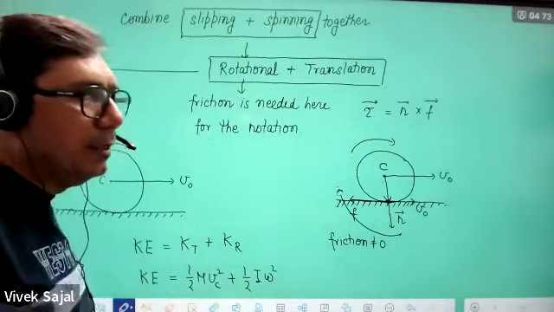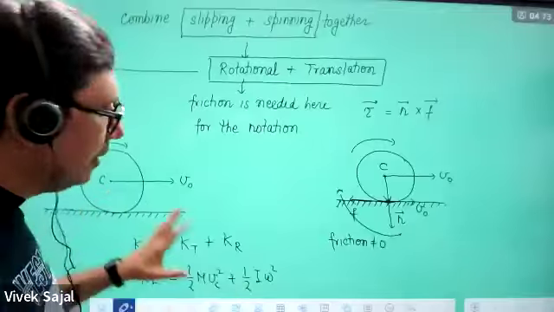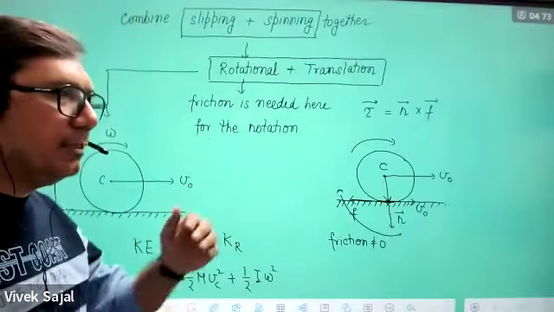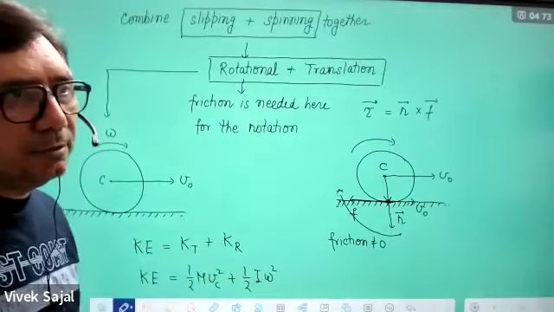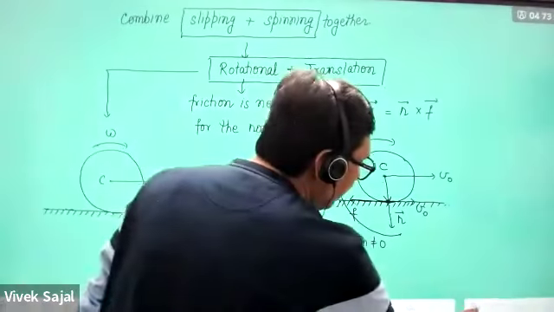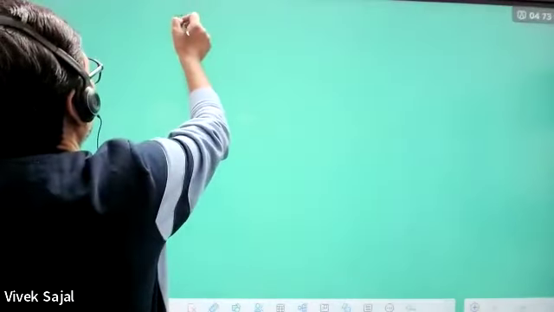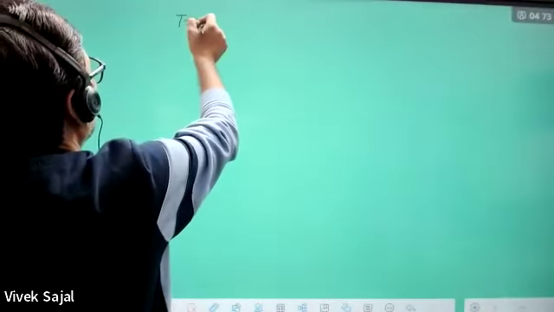Now, when you are combining translational motion plus rotational motion, three types of resultant motion may come into the picture.